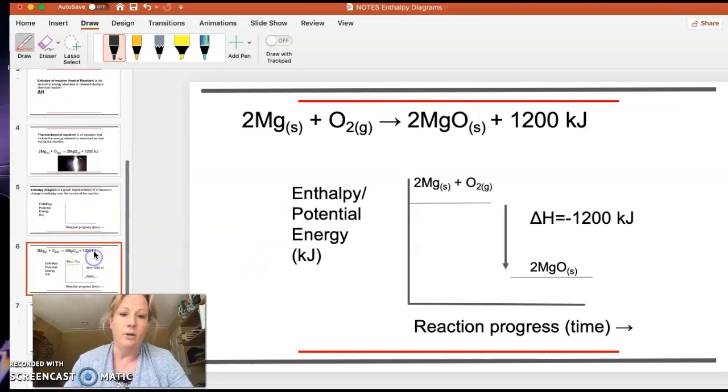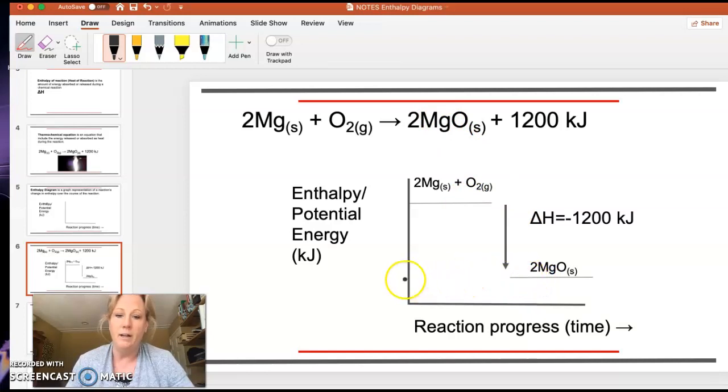So if we go back to this magnesium synthesis reaction, the first horizontal line is representing the reactants. In this case, the magnesium and the oxygen have more potential energy or higher enthalpy than the magnesium oxide. So this is placed down here.